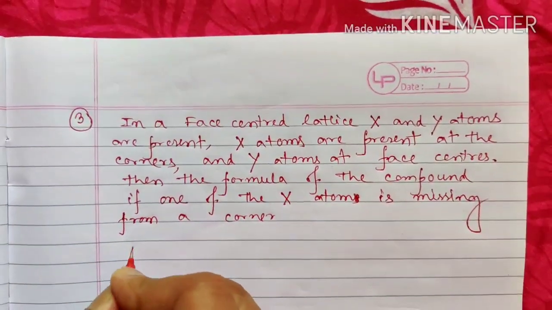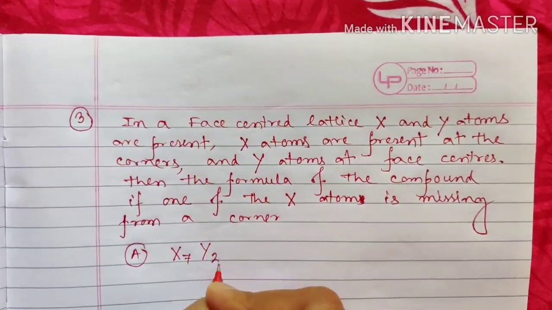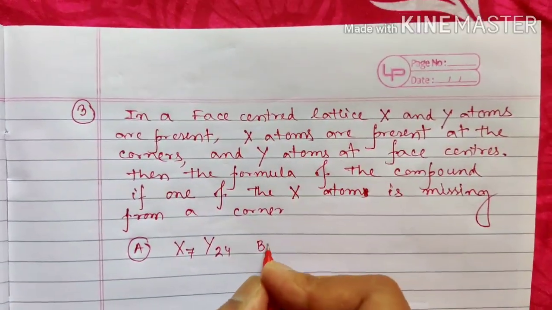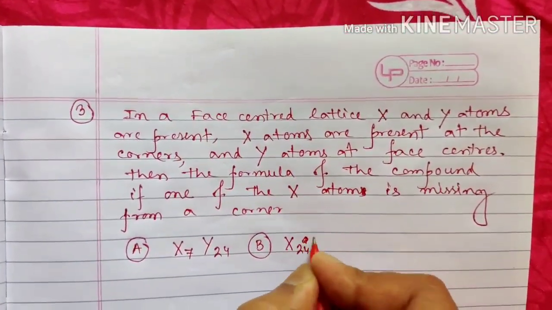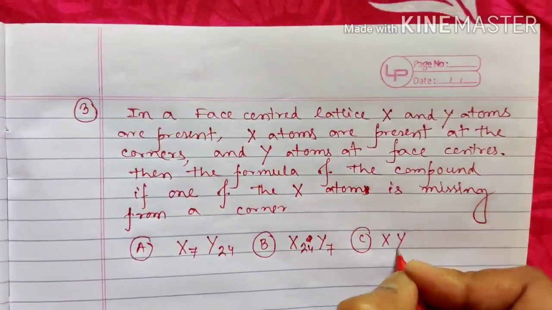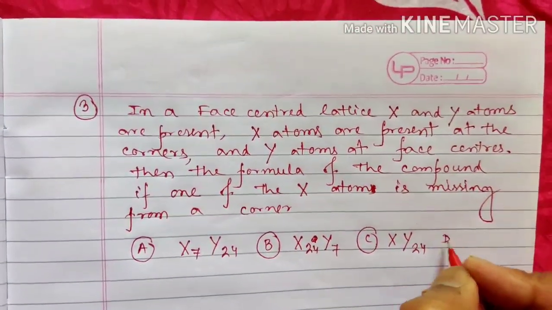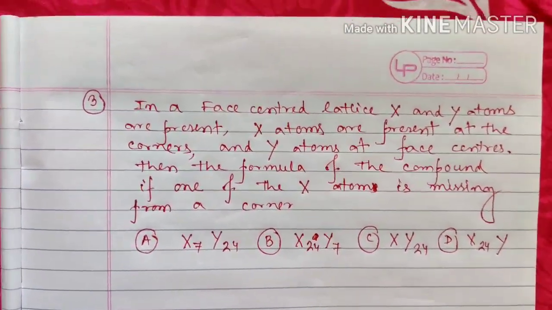So the options are given as: option A, X7 Y24; option B, X24 Y7; option C, XY24; option D, X24 Y.